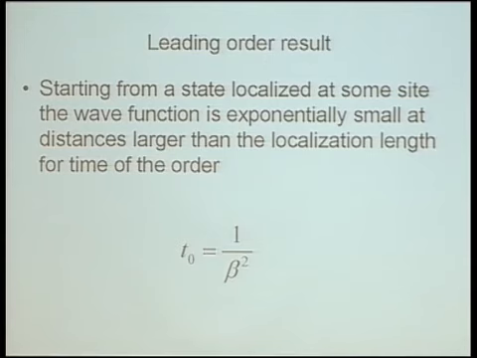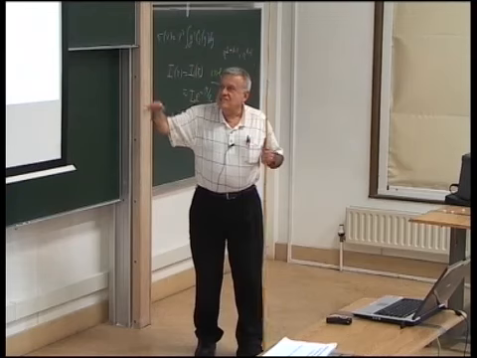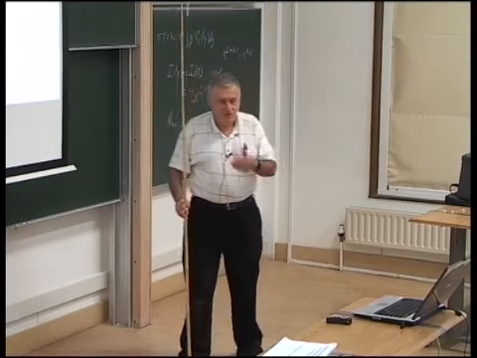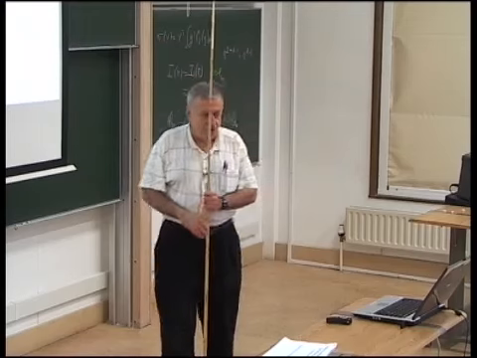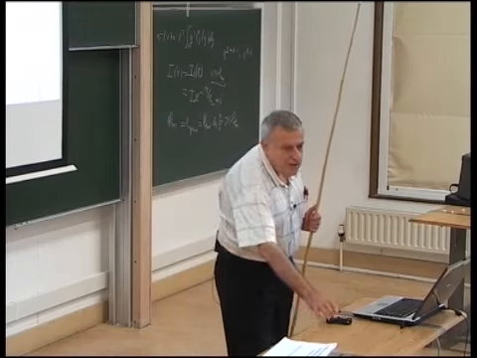So at a distance that is larger than the localization length of the Anderson model, the probability of finding this particle is exponentially small with the same localization length as of the ordinary model. So this is what I'm going to show you.